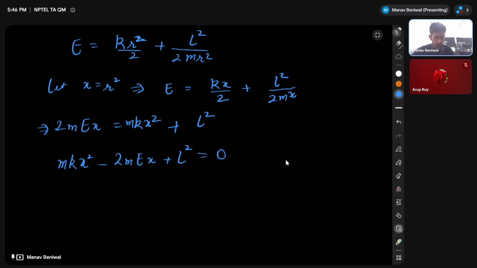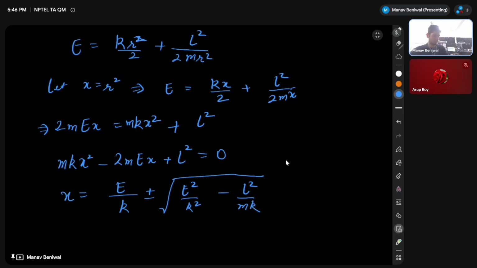This is the quadratic equation, and I can easily solve it using the quadratic formula. So I get these two solutions of x, and now we are ready to plug in the values.